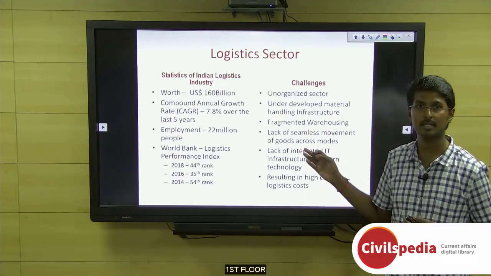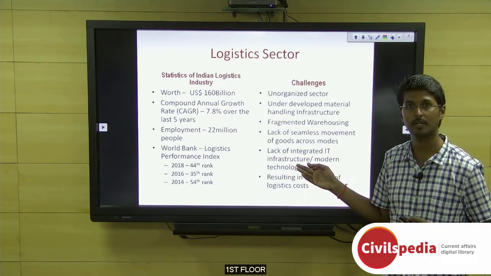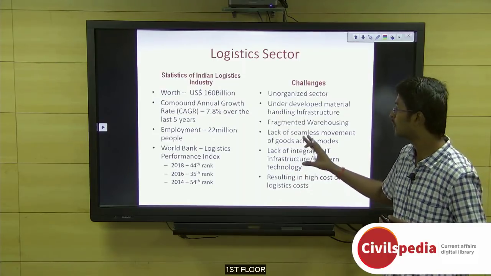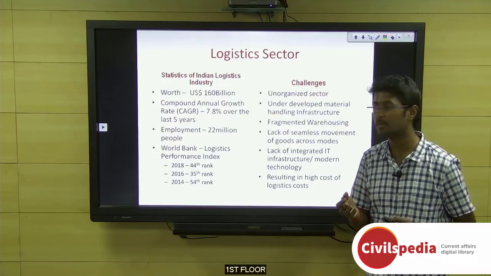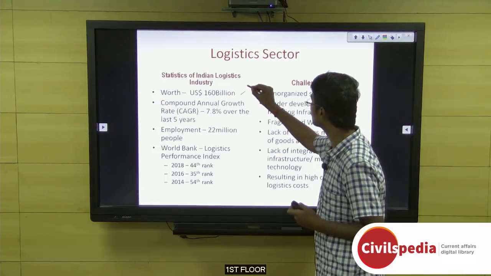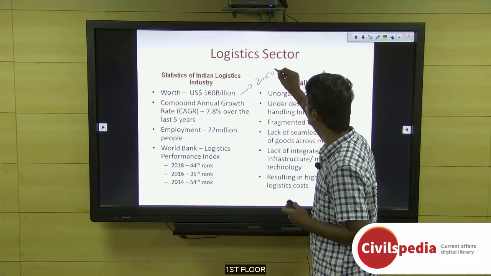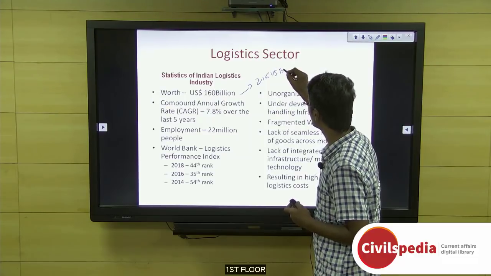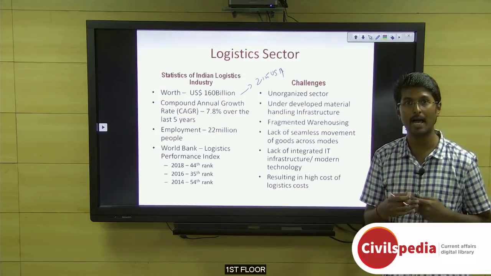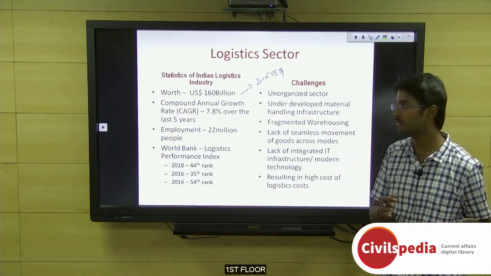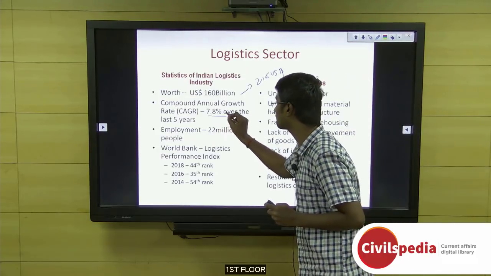I have drawn these statistics from the Economic Survey of the year 2017-18 for reference. India's logistics sector is worth 160 billion US dollars. It is likely to grow to around 215 billion dollars. The compounded annual growth rate for the past 5 years is around 7.8%.